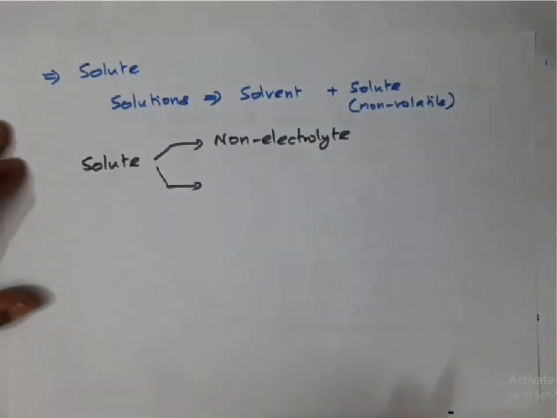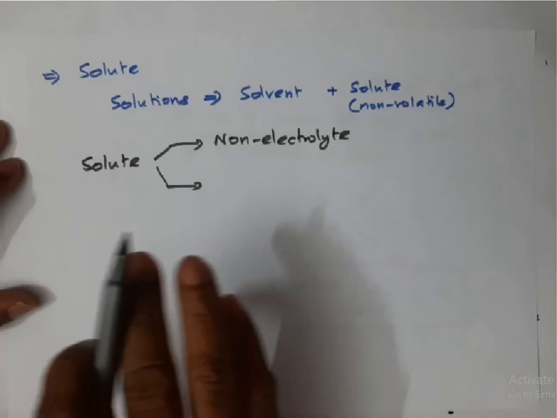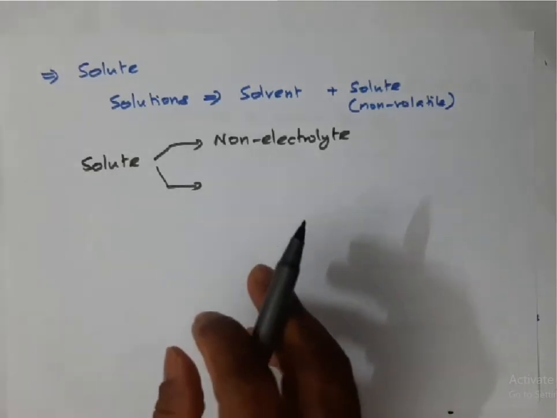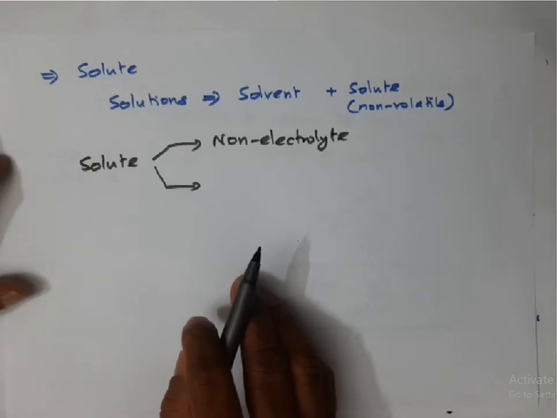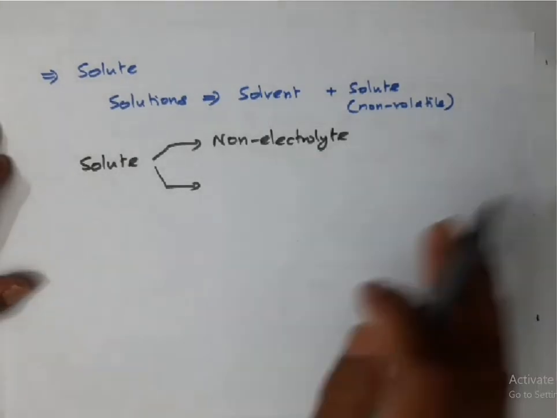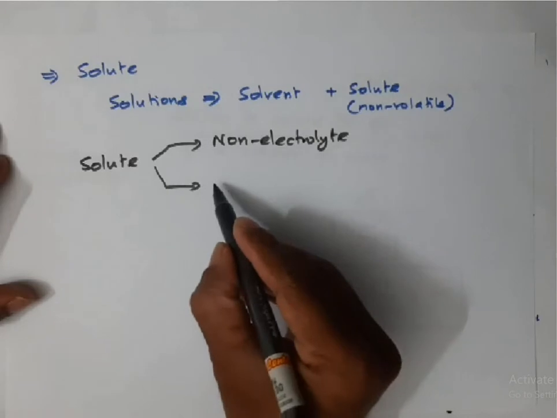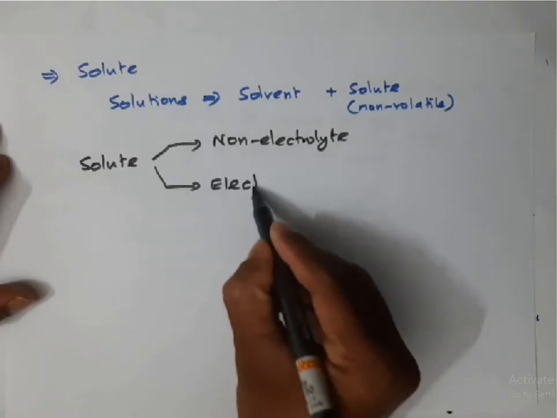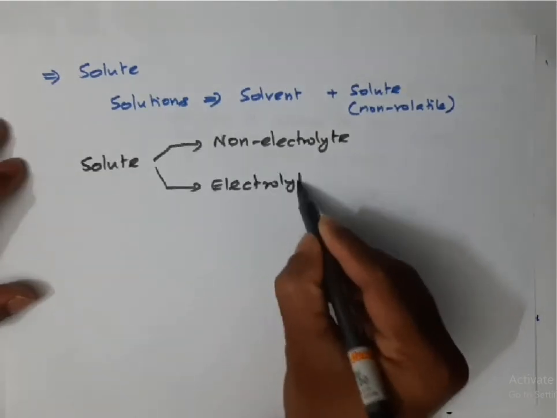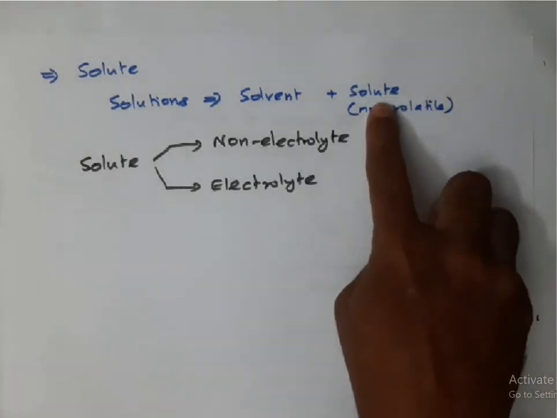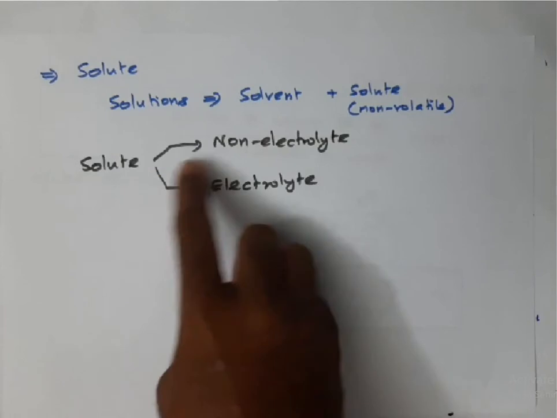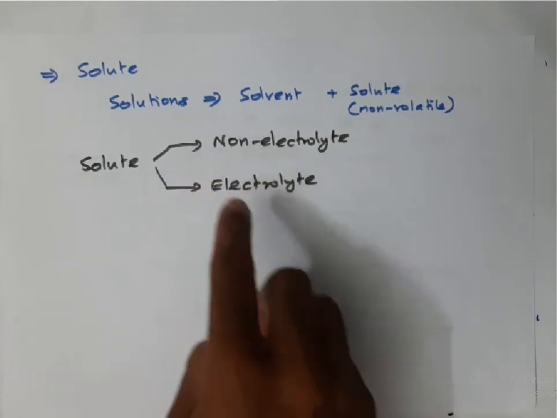Non-electrolyte means it does not dissociate to produce ions. Or your solute may be an electrolyte. The solute is non-volatile, and non-volatile solute can be a non-electrolyte or an electrolyte.